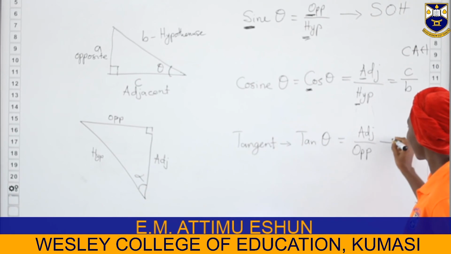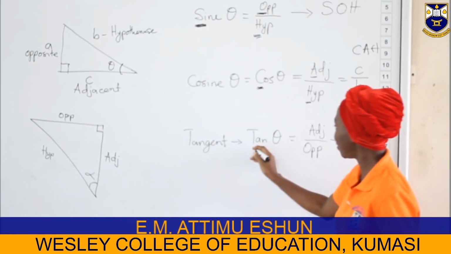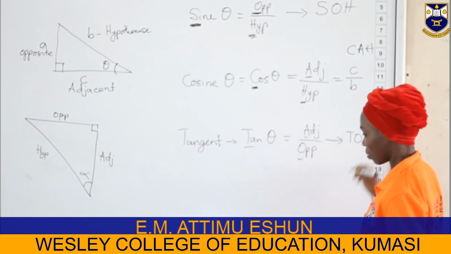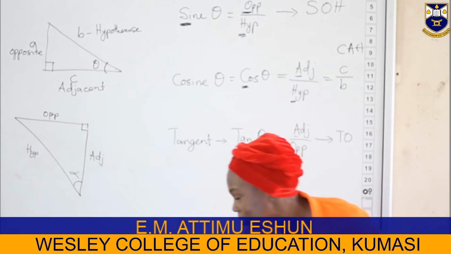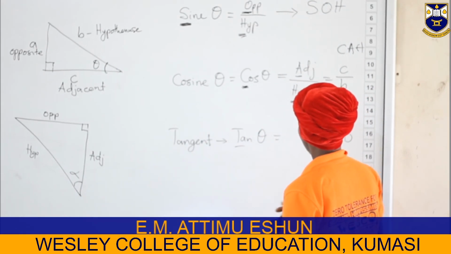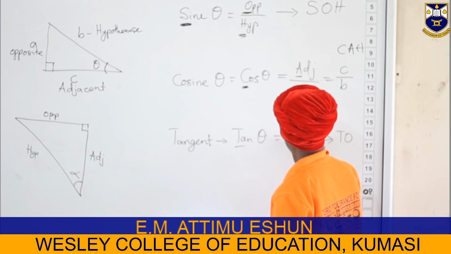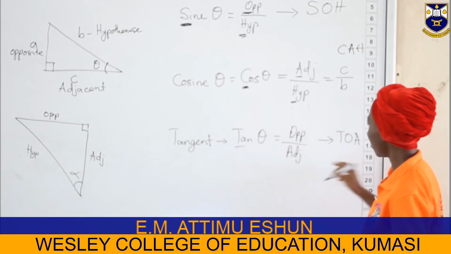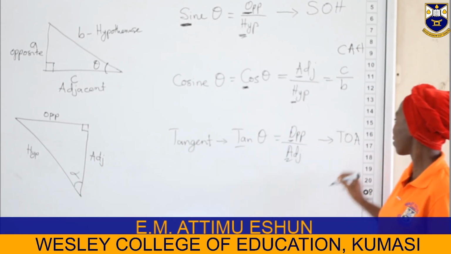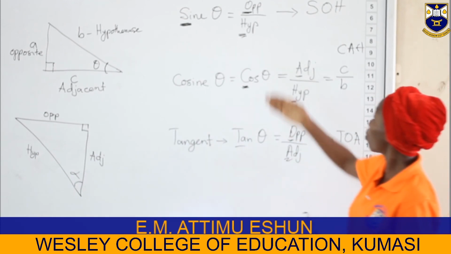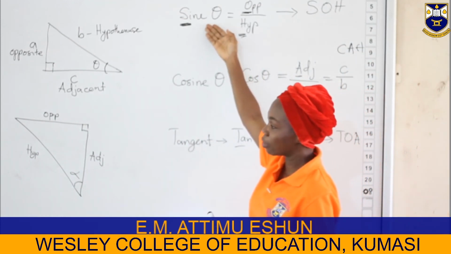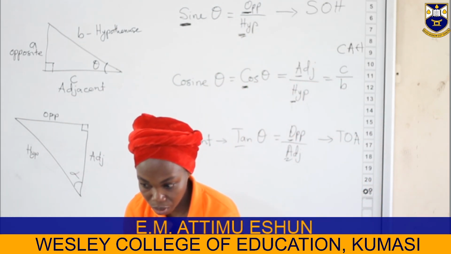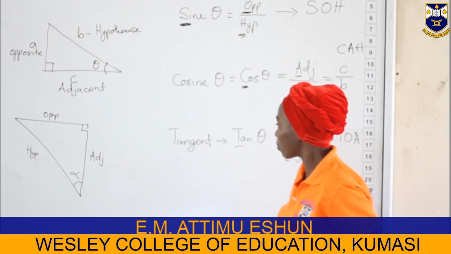And finally, for tangent, we have T, O, and A, because it is opposite divided by adjacent. A little correction here. And so SOH CAH TOA basically refers to the basic ratios in our trigonometry concept.